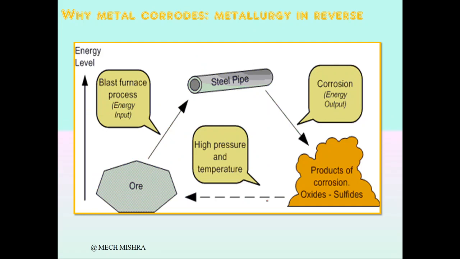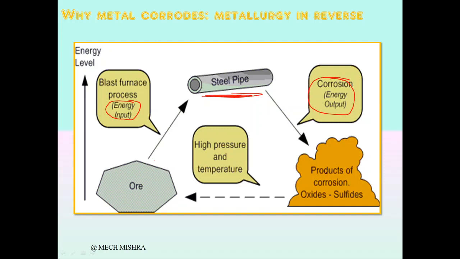So basically corrosion is metallurgy in reverse. Okay, because we are getting metallurgy here from ore. In the blast furnace we are providing the energy, then making a finished product. So we have given energy, and when it degrades and the energy is released, that is corrosion, and it will again form the oxides, sulfides.